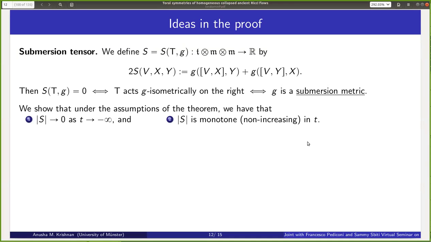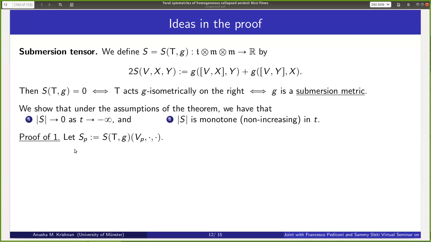So let me mention some more details about this. The proof of part 1 essentially relies on a work of Pediconi, which I mentioned before. In that paper, he shows also that asymptotically you have some toral symmetries, which I will explain.